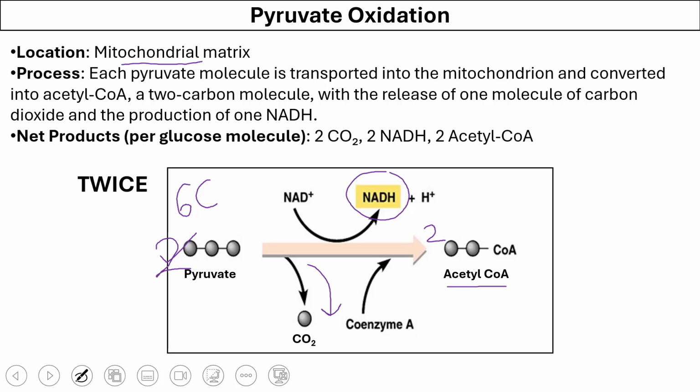So overall, you will have 2 molecules of NADH because you had 2 molecules of pyruvate to begin with. Thus, the net production of this reaction is 2 molecules of carbon dioxide, 2 molecules of NADH, and 2 molecules of acetyl-CoA, which will then enter the Krebs cycle.